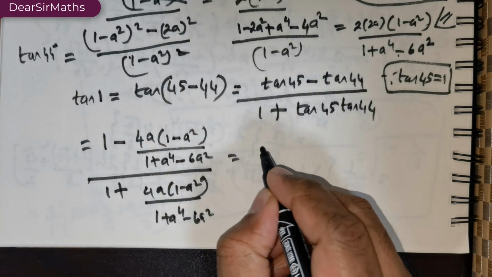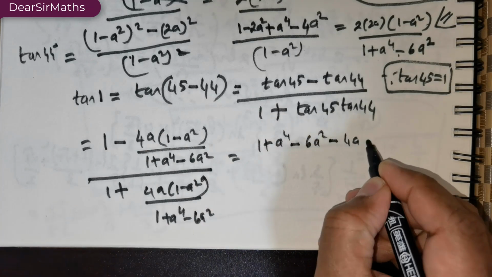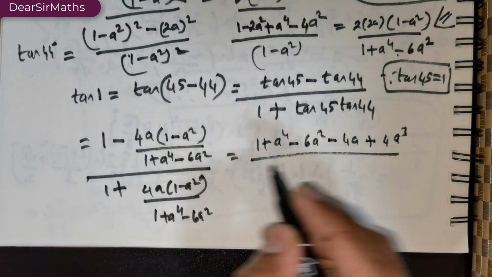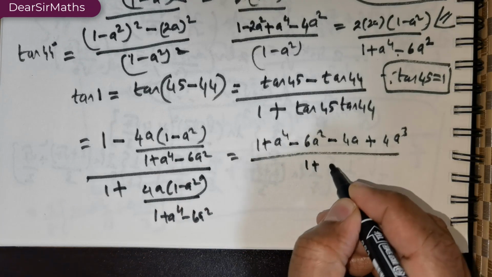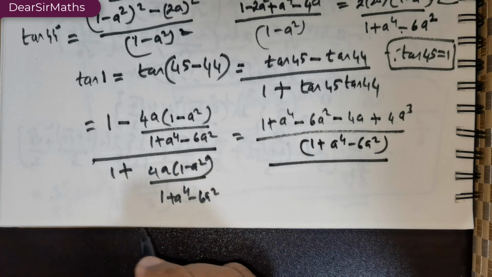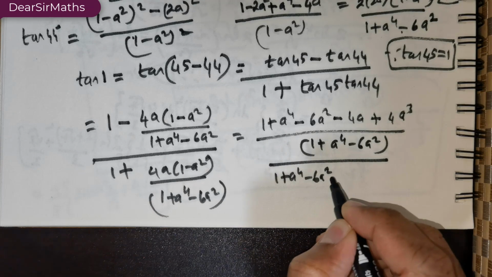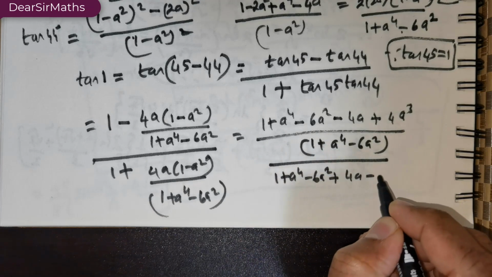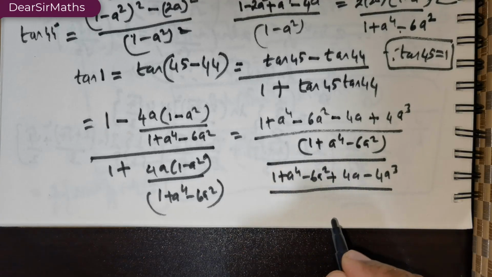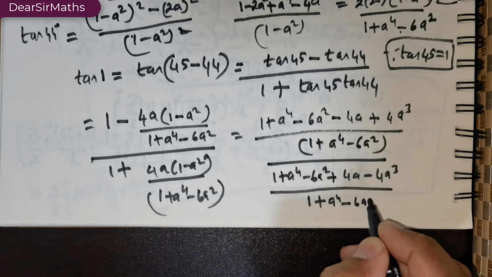Taking the LCM, this is going to be (1 + A⁴ - 6A² - 4A + 4A³) divided by (1 + A⁴ - 6A²), over (1 + A⁴ - 6A² + 4A - 4A³) divided by (1 + A⁴ - 6A²).